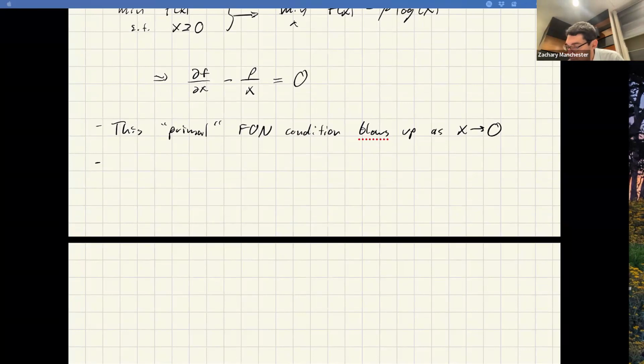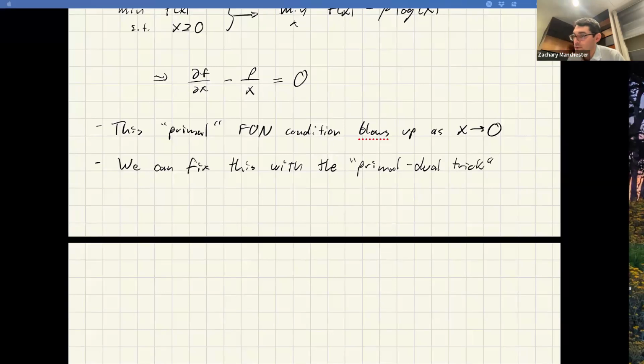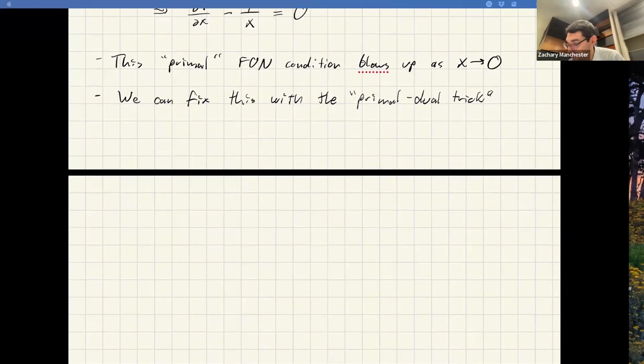So we can fix this with the so-called, I don't know, I call this the primal-dual trick. Someone might have a better, more legit name for this. I don't know. So what we're going to do, as the name implies, is introduce a new dummy variable that I will suggestively call lambda.